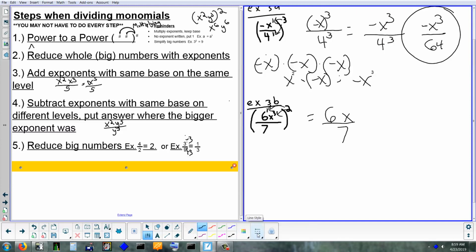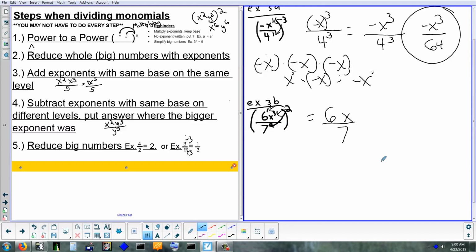Brady, what exponent is going to be with the 6 now, if we're doing power to a power? So I have a 1 here, I have the 2 on the outside that I'm going to apply to that.